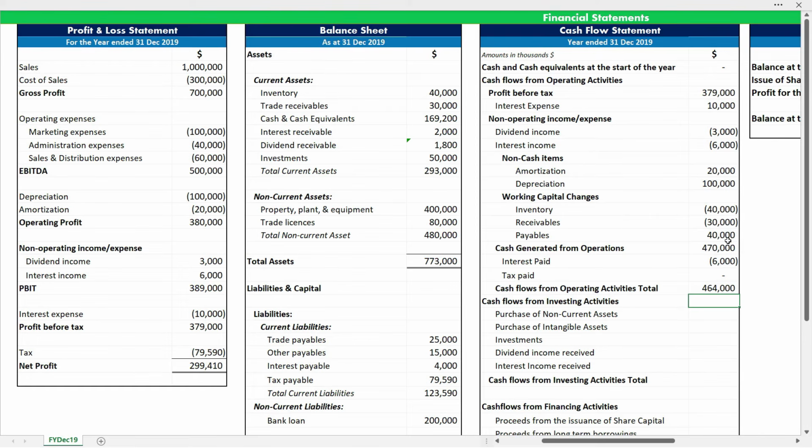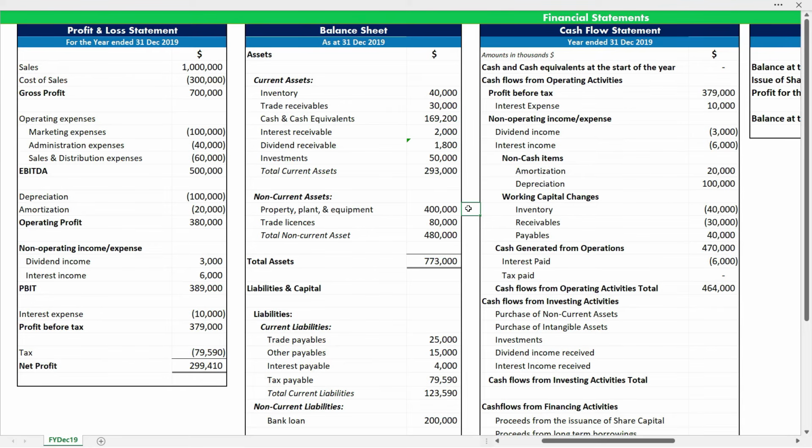Let us talk about the cash flows from investing activities now, and let us begin with purchase of non-current assets. Now if you look at my balance sheet, the value of property, plant, equipment is 400,000, and there is nothing at the beginning. This is my first year, which means that we must have purchased assets of 400,000.